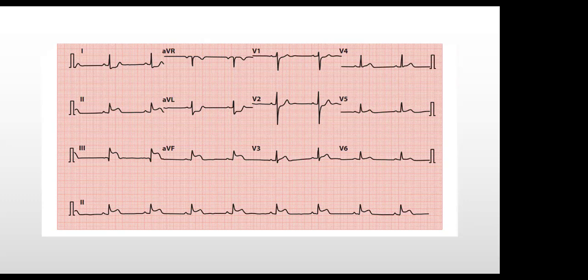What do you think, in V2? So probably in that case, that would be more like a posterior involvement. You can also see some depression in aVL, lead I also. I think those are reciprocal changes. The inversion in I and aVL may be reciprocal changes to the inferior lead elevation.